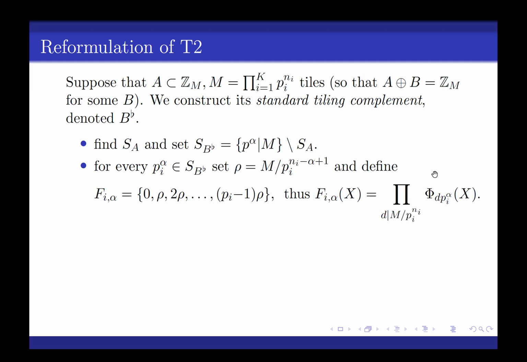And I'm going to define the arithmetic progression of step size rho and of length p_i. This is the maximal length arithmetic progression which does not present any higher scale differences to that progression. So the pairwise distance between any two elements of that progression is rho.